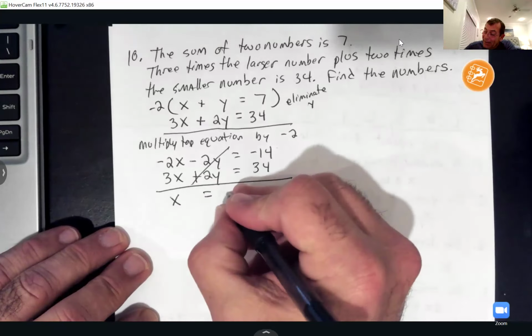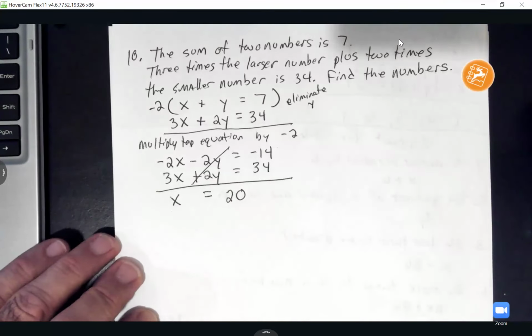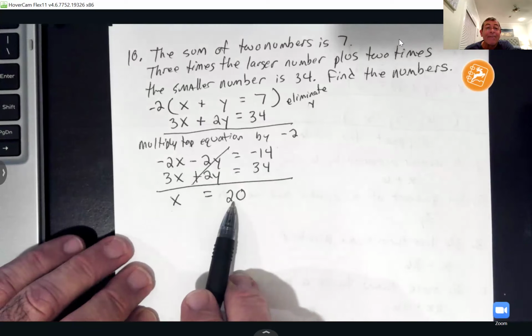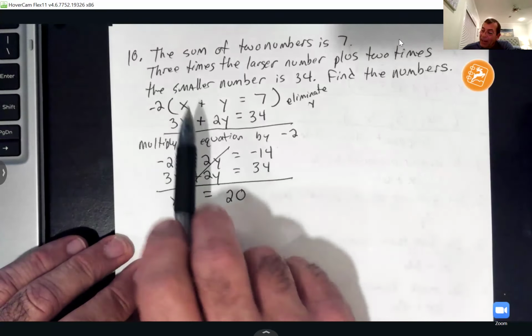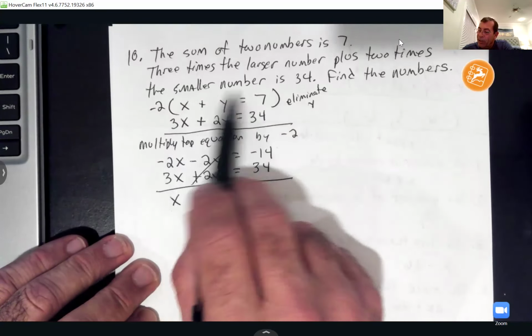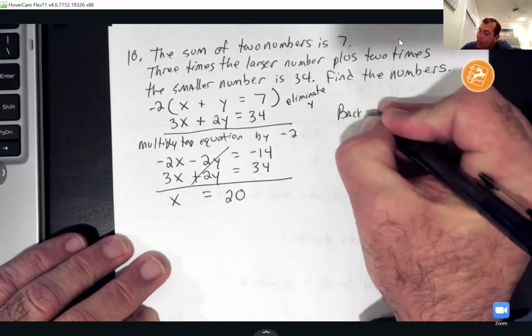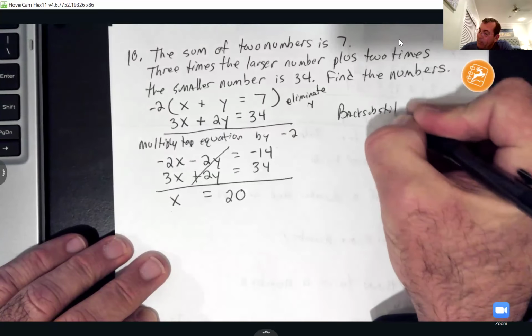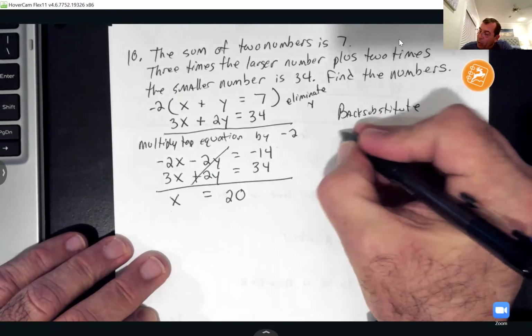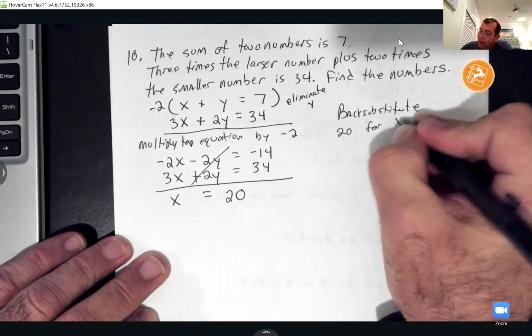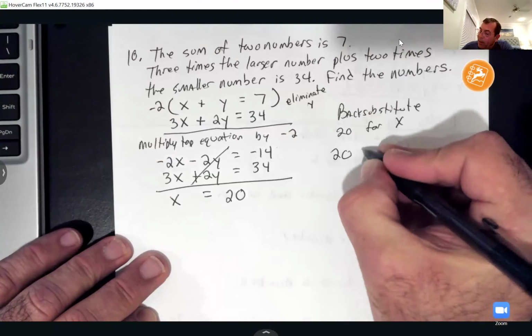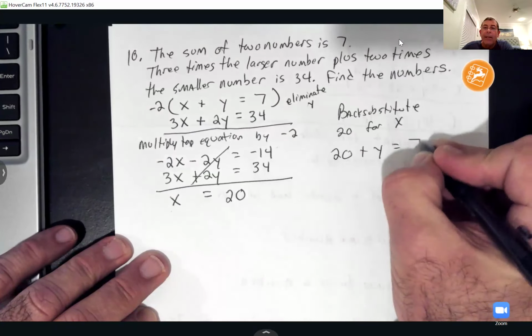And that's 20. So the x is done. Now I can come up here. This first equation looks a lot easier to me, so I'm going to back substitute into that one. 20 for my x. So I got 20 plus y equals 7.